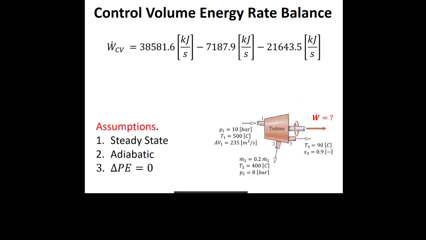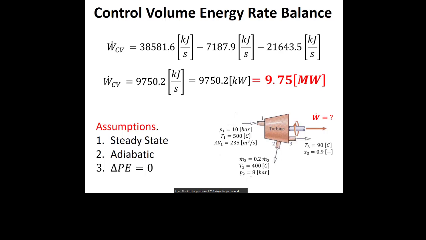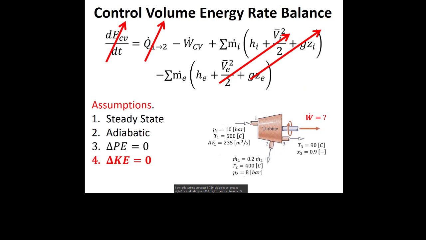So if I include kinetic energy, I get that this turbine produces 9,750 kilojoules per second, or if I divide by 1,000, that becomes 9.75 megawatts. Now, what happens if I neglected kinetic energy right off the bat?